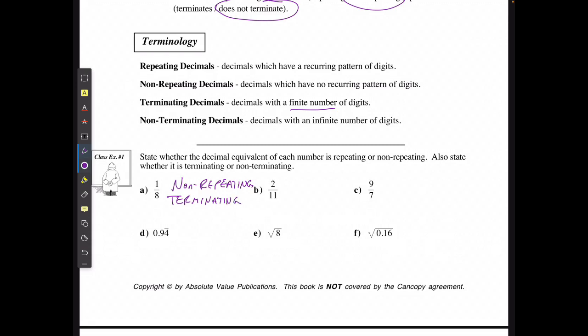If I put 2 over 11 in my calculator, it does have a repeating pattern, but it does not end. Nine over 7 also has a repeating pattern and does not end.